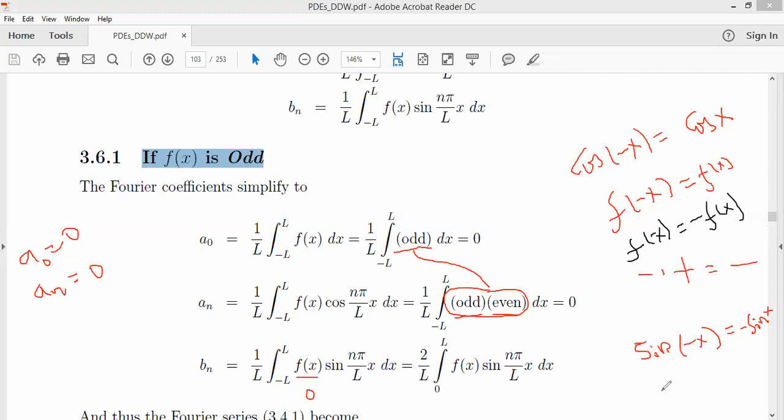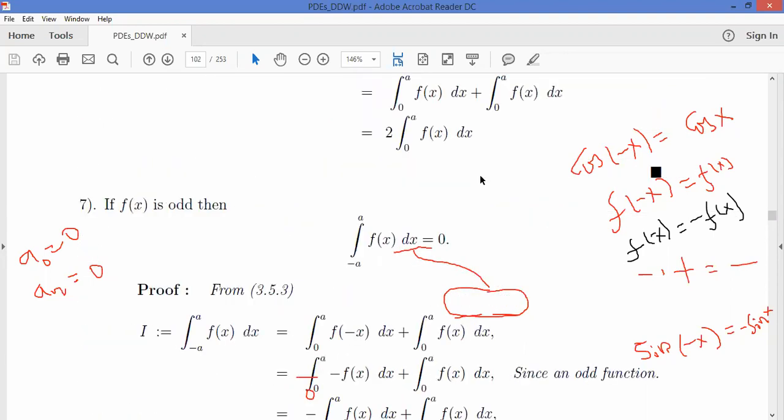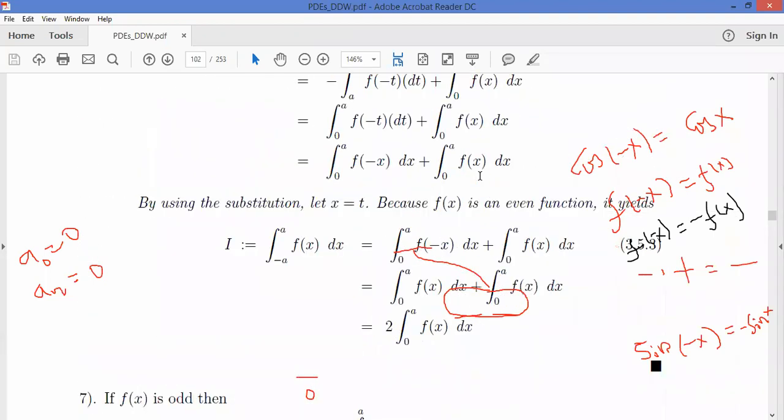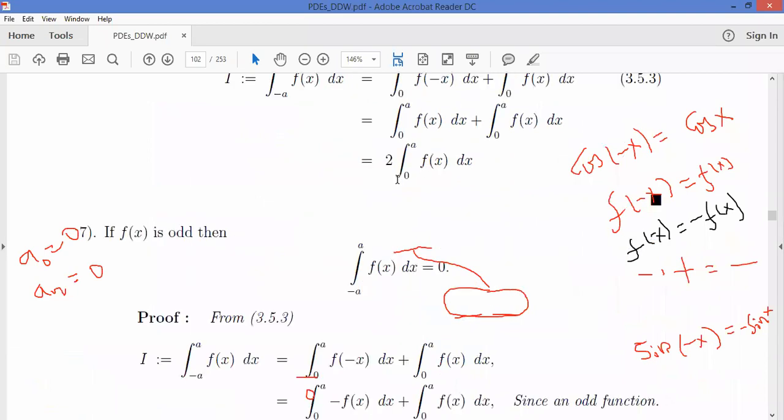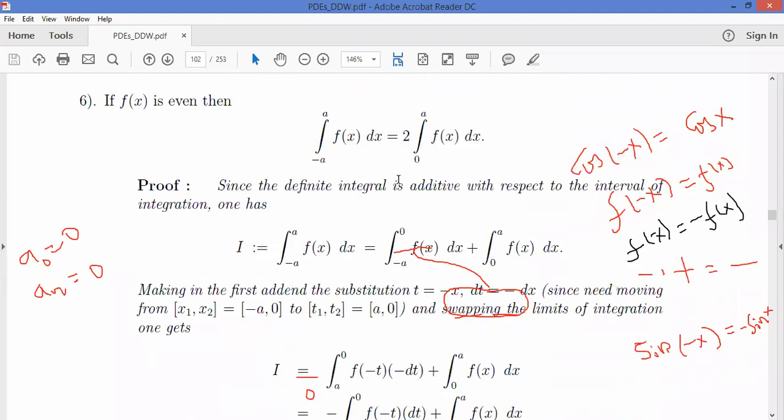All right. And now here we use property 6. What does property 6 say? Property number 6 is right here. You see our property 6?